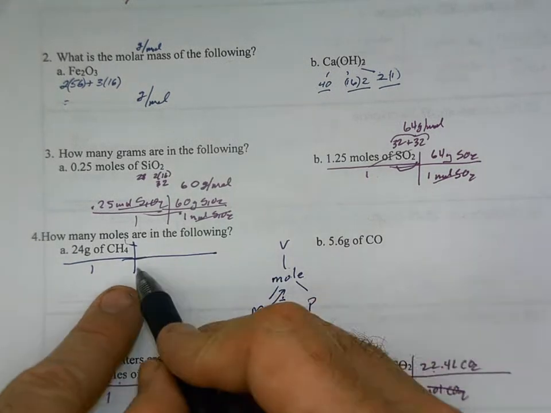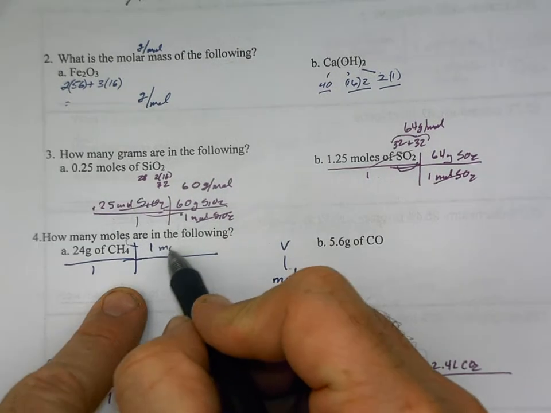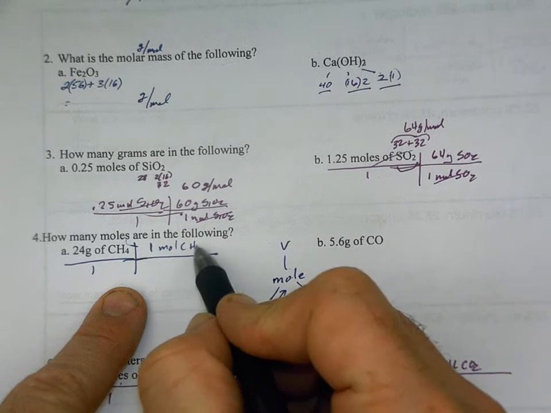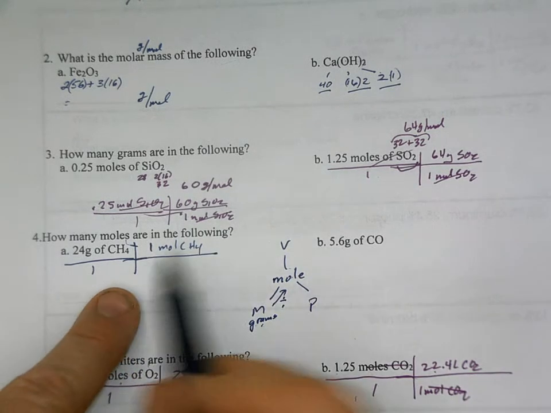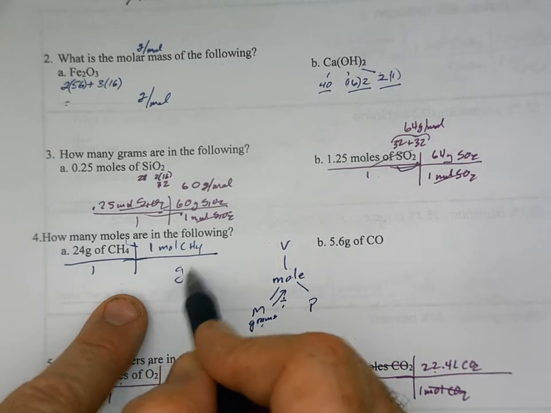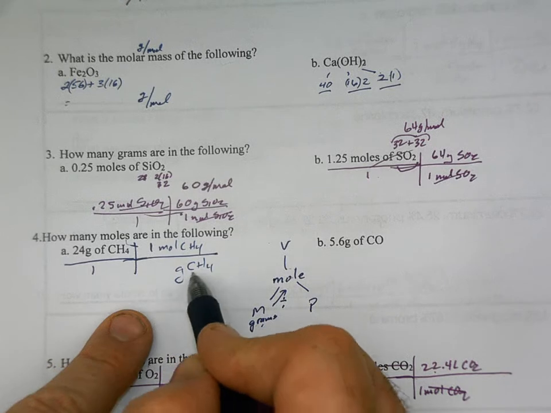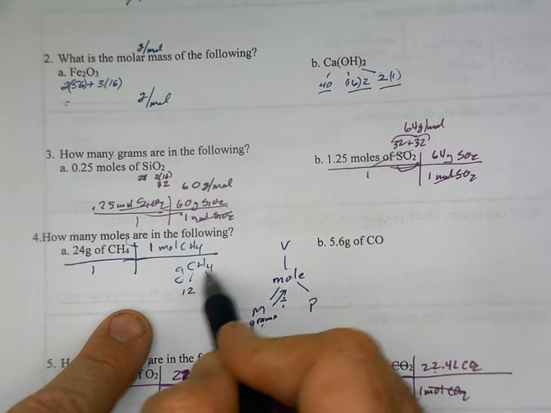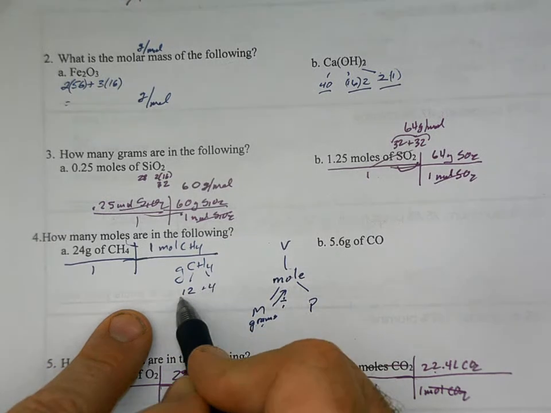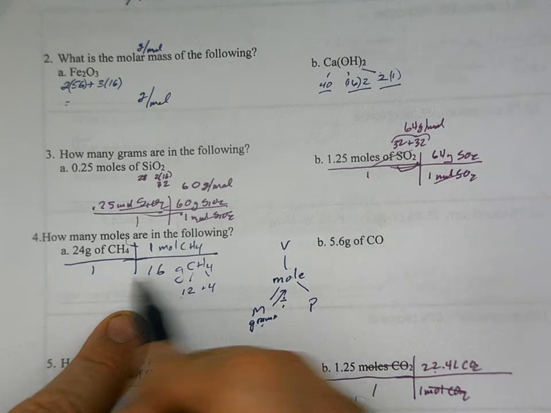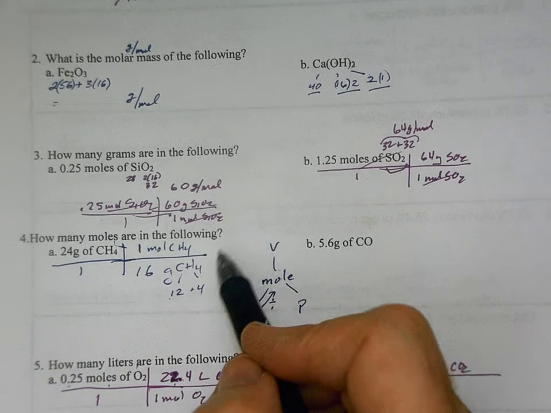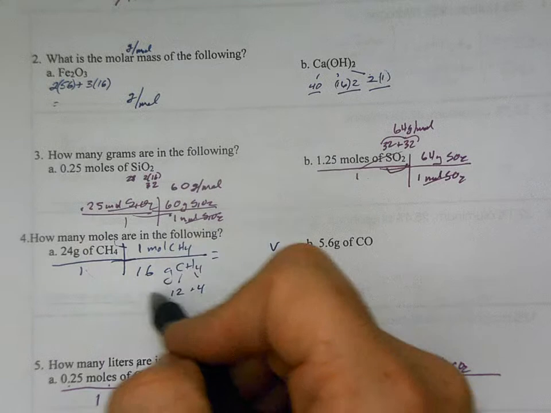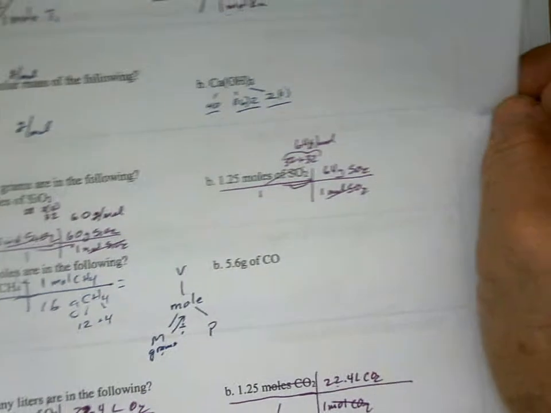So that means if we're dividing by the molar mass, we put 1 mole on the top of CH4. And how many moles? Let's see. Oh, we need to know how many grams. Grams of CH4. Well, carbon is 12. Each hydrogen is worth 1. So we've got 16. There you go. You can do your own math on there. It'll be a little bit over 1, it looks like.